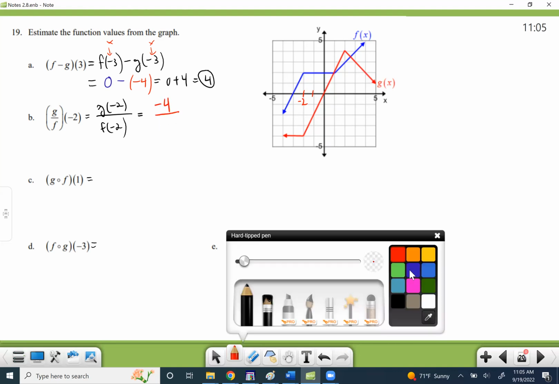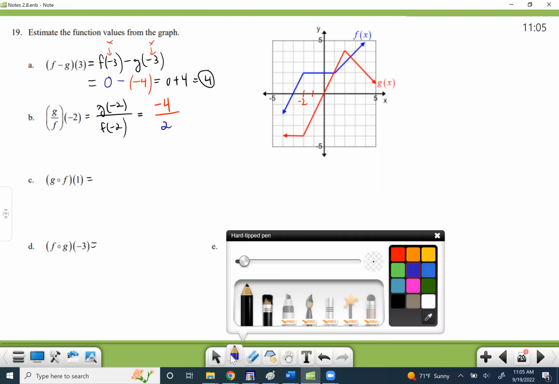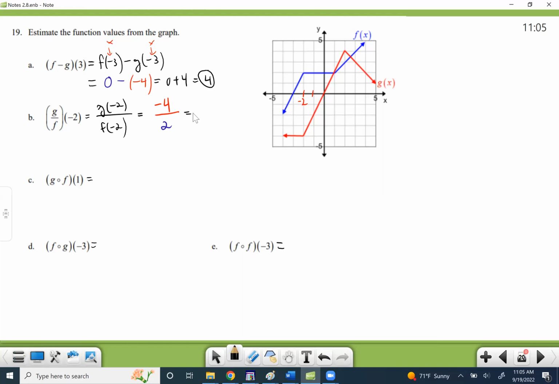Now I'm going to go to the blue function and go up to 1, 2. So the y value would be 2 for that one. -4 divided by 2 is -2. So you're only going to spit out y values, you guys, for the given x value.